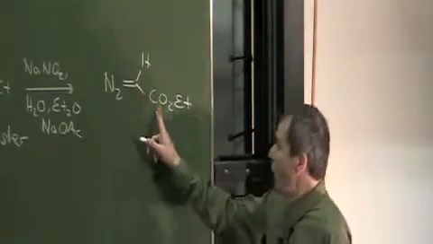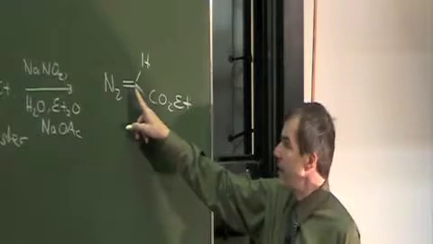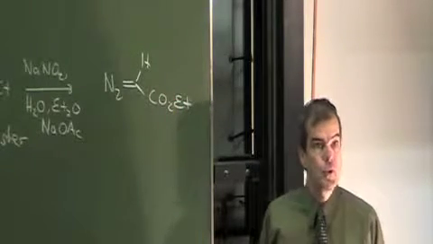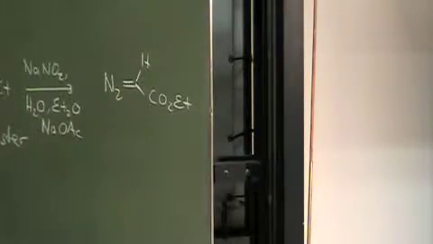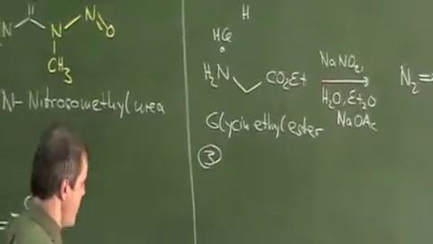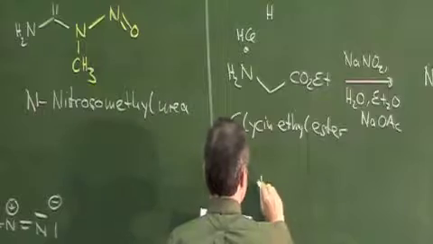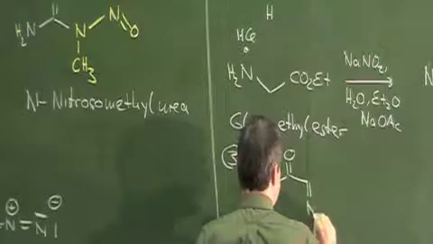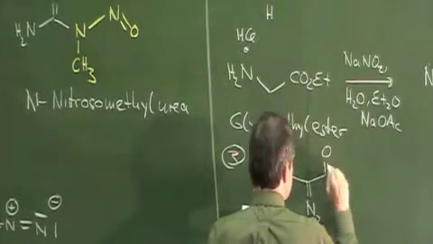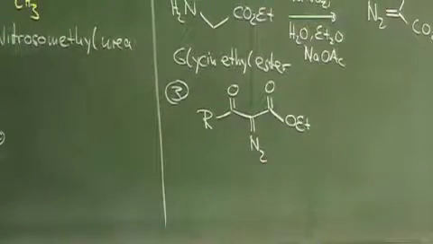Now, if you have one electron withdrawing group which can stabilize this anionic center here, obviously if you have two, this will stabilize the diazo compound even more. And so a third type of diazo compounds which are quite commonly found are diazo compounds which are derived from beta ketoesters.